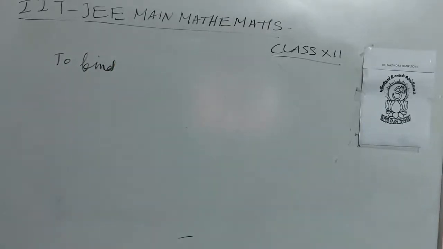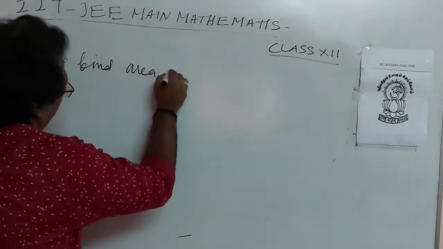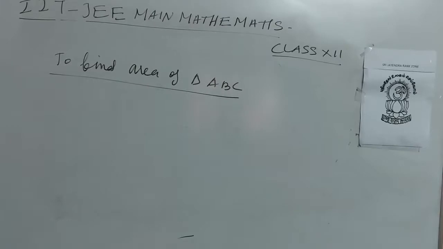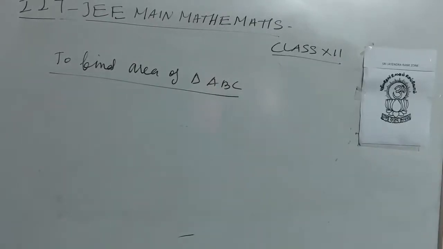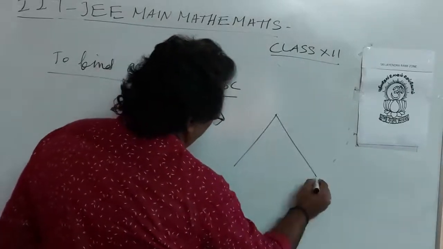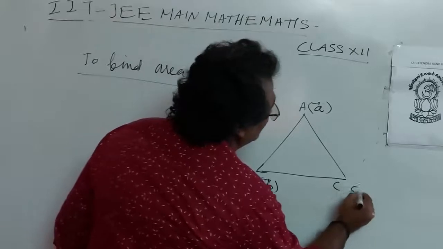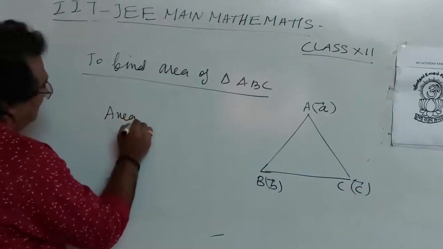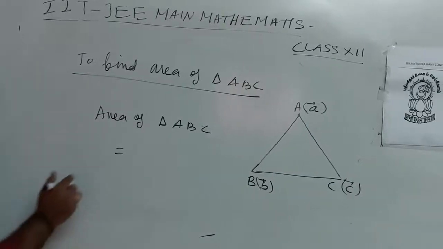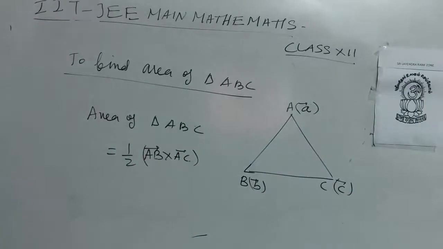To find the area of triangle ABC: area of triangle ABC equal to half into AB vector cross AC vector.